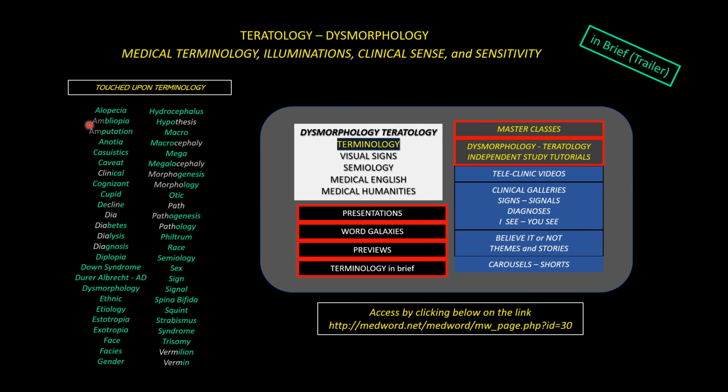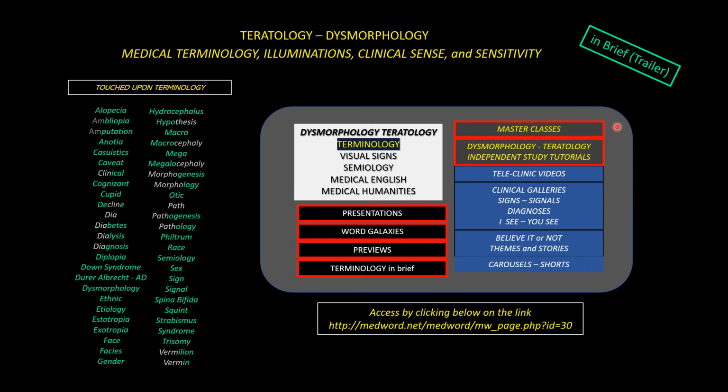So before we conclude, I have to call your attention that across these presentations, we touched upon a very broad and very important medical terminology. You can find short and memorable definitions about these notions in Pandora Wordbox, our companion website, and all the links are there in the MedWord website.